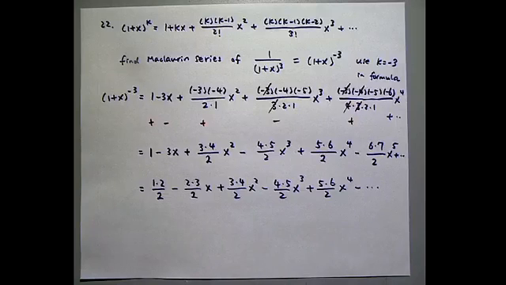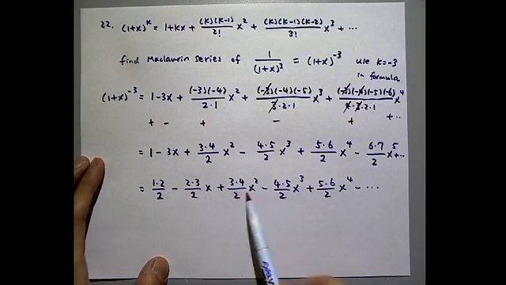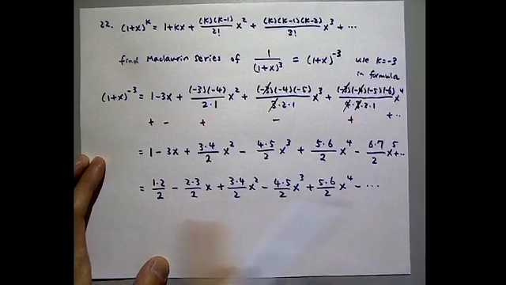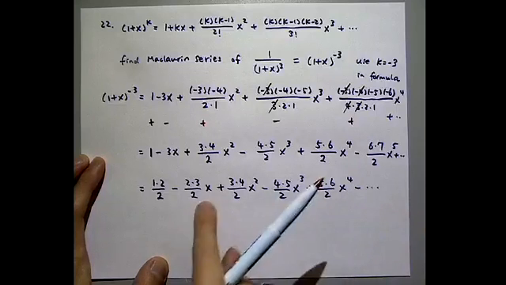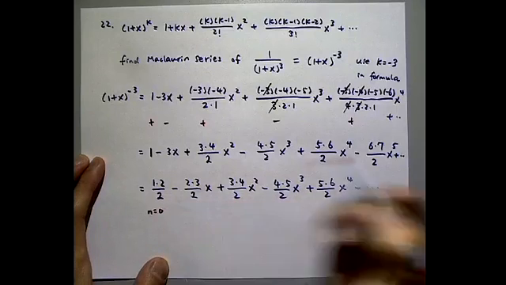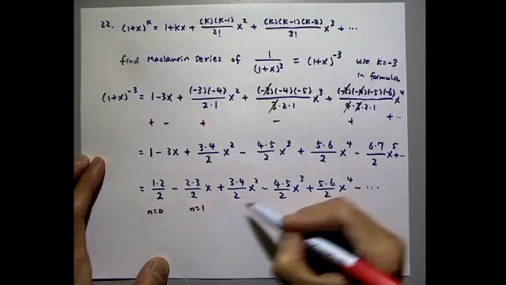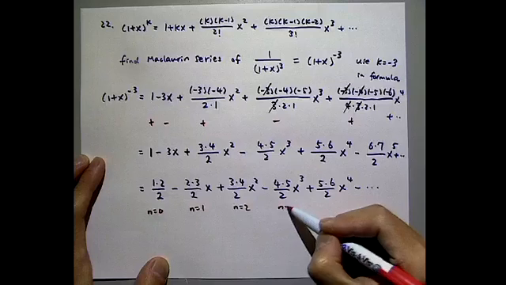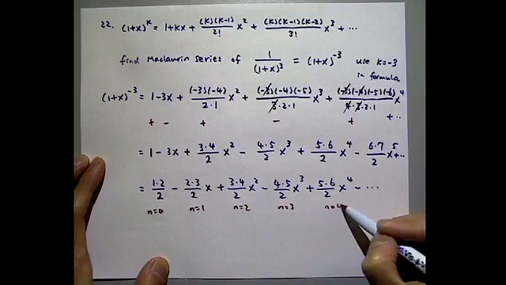And now the pattern is very clear. 1, 2, 2, 3, 3, 4, 4, 5, 5, 6, 6, 7, and so on. 2, 2, 2, 2, 2, plus, minus, and x to the n. That's n equal to 0. n is equal to 1, 2, 3, 4.